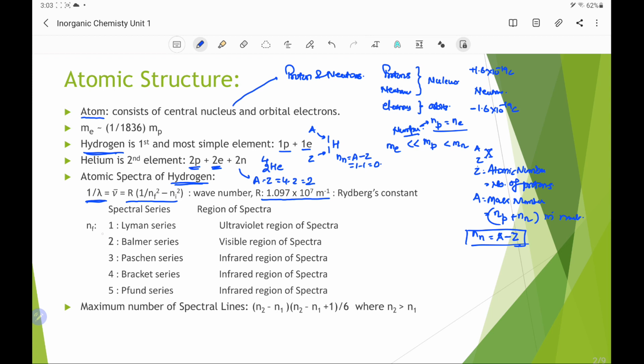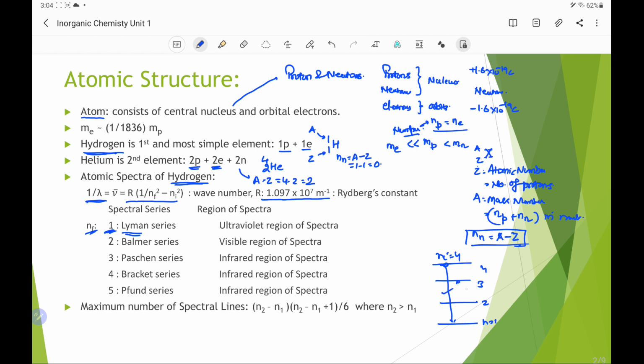If the final energy state is 1, that means if the electron jumps to the shell K or n equal to 1, then this series is called the Lyman series. For example, if there are shells n equal to 1, 2, 3, 4, and the electron is in the initial state 4 and returns to the orbit n equal to 1, then this line belongs to the Lyman series.